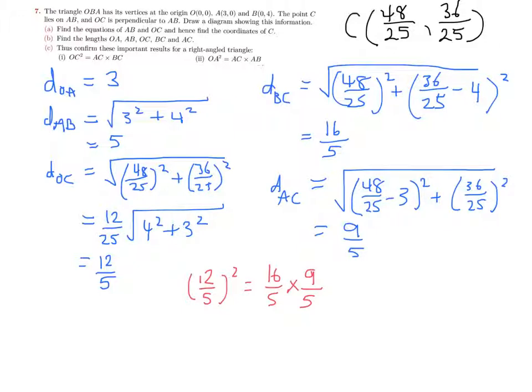And is OA squared, so that's 3 squared, equal to AC times AB? So is that equal to 9 over 5 times 5? Well, yes, 3 squared is 9, and the other side is 9. Excellent.